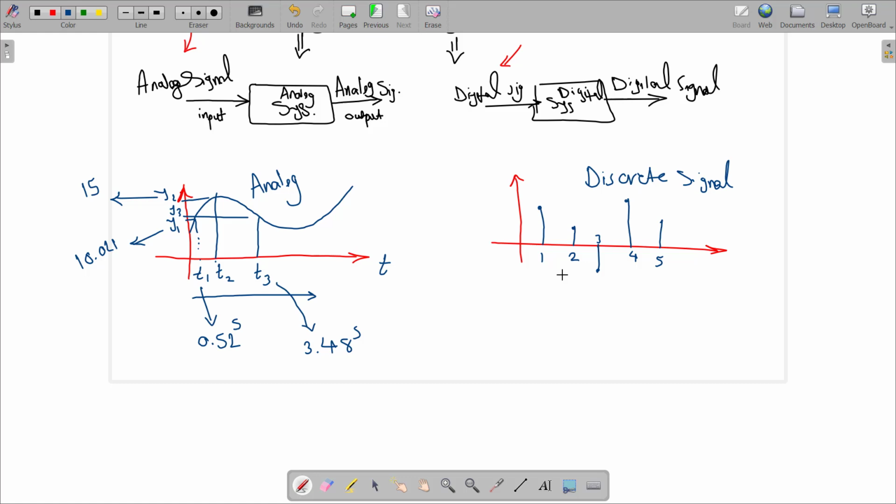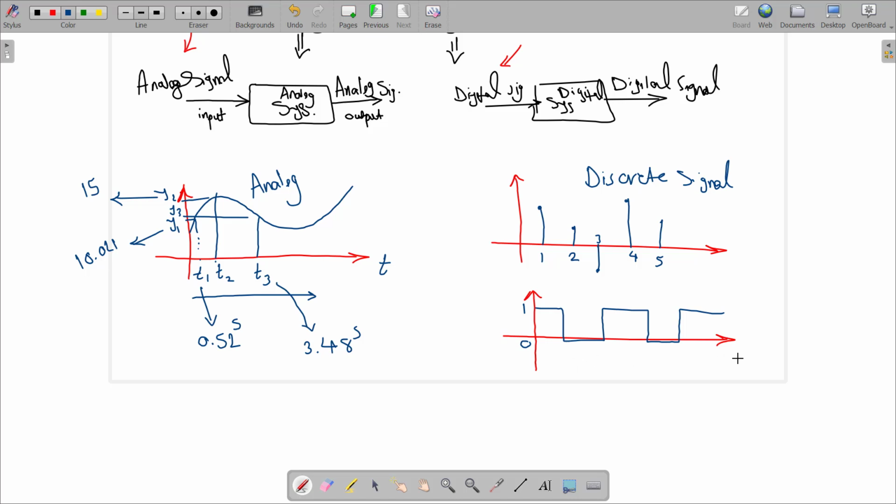Okay, so one type of discrete signal that has just two values is called a digital signal. What does it mean? It means that if I have something like that, look at here, you can see that here is 1, 0.